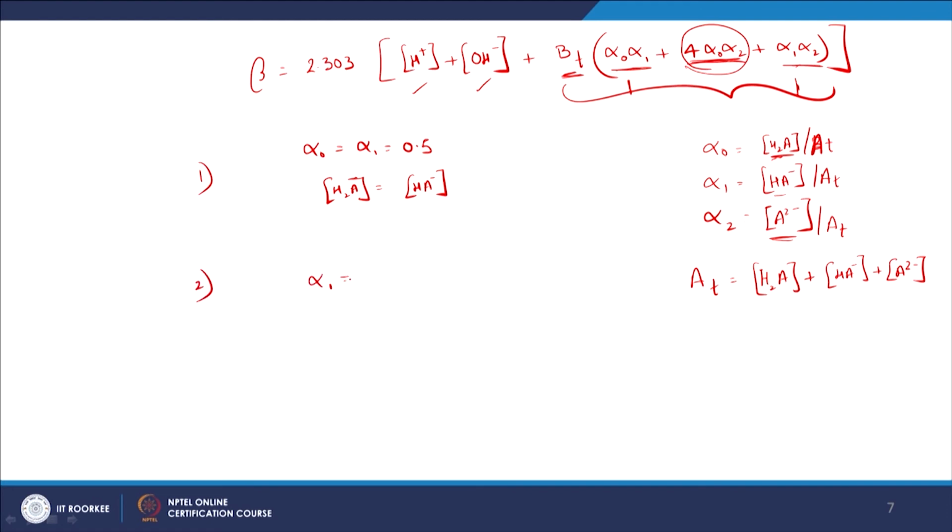When alpha 1 equals alpha 2 equals 0.5, which more or less translates to the concentration of HA minus being equal to the concentration of the most deprotonated form. This is what we have. And when does this occur? This occurs obviously when the pH is equal to pKa 1, and the other occurs when pH equals pKa 2. So let us try to understand this with respect to the graph.